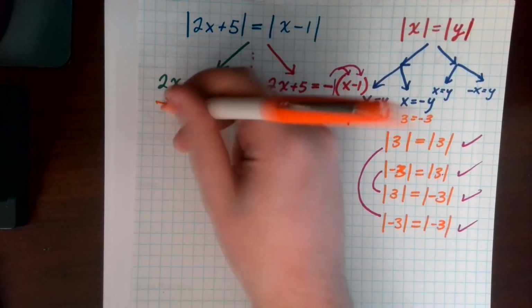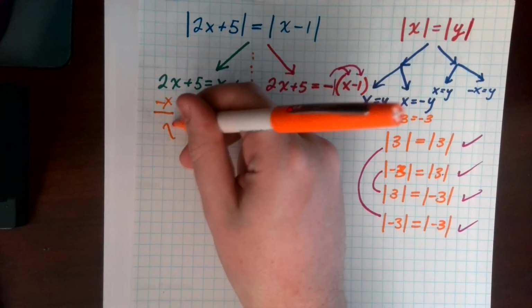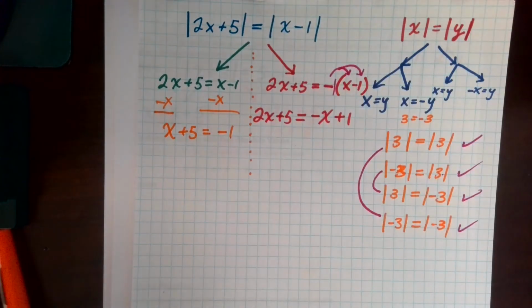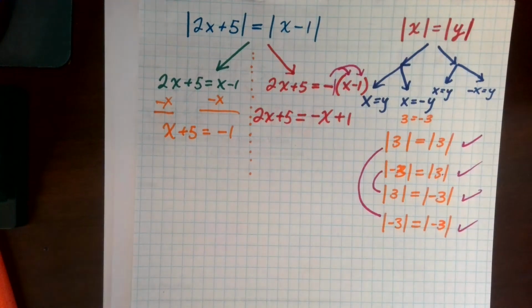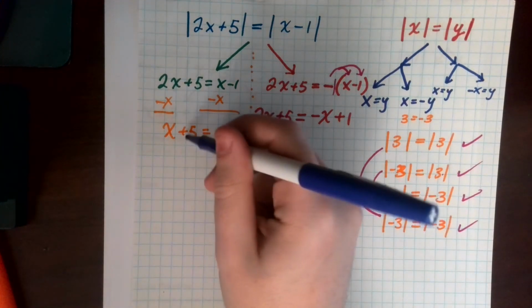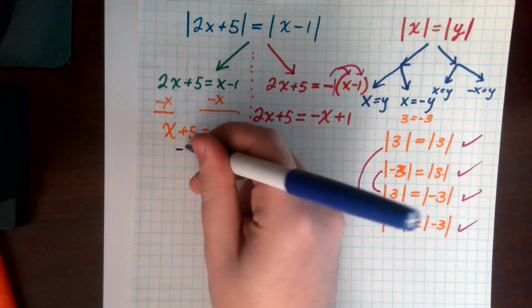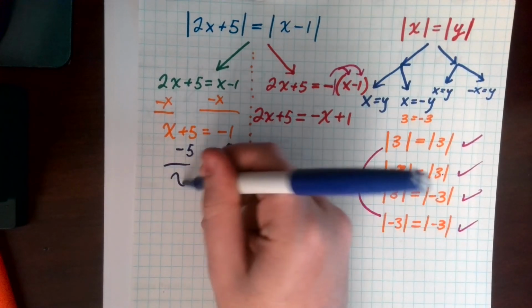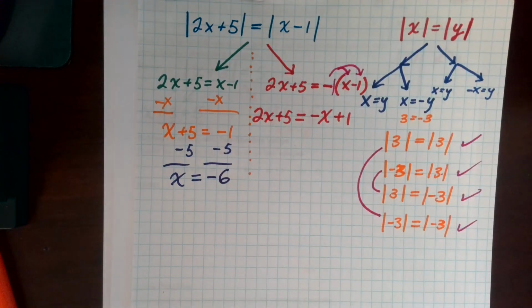Subtracting x. But whatever you do to one side, you have to do to the other. So we end up with x plus 5 equals negative 1. Then, of course, we also want to get rid of this plus 5 here. We want to get all of our constants on the other side. So to get rid of plus 5, we subtract 5. That'll give us x over here and negative 6 over here. All right, that's our first solution.